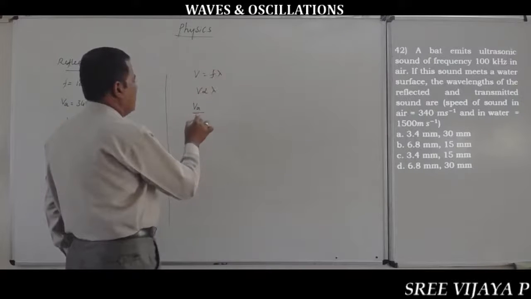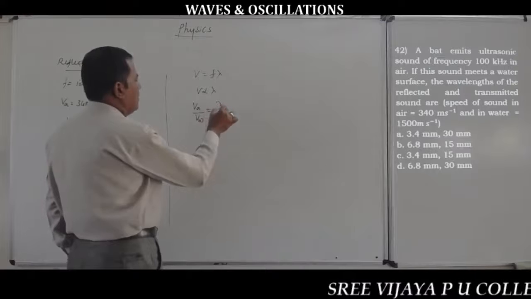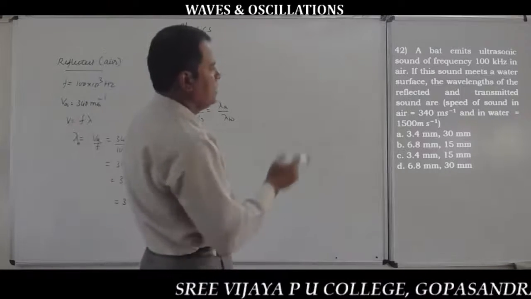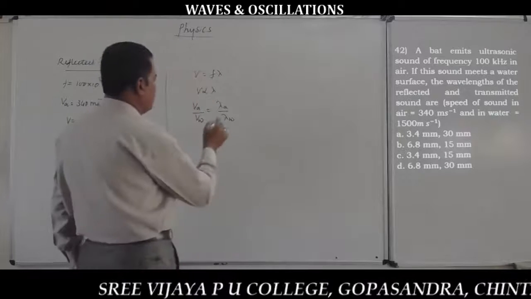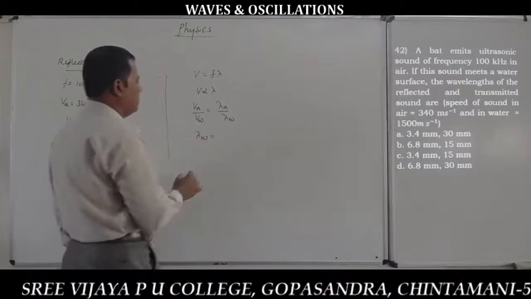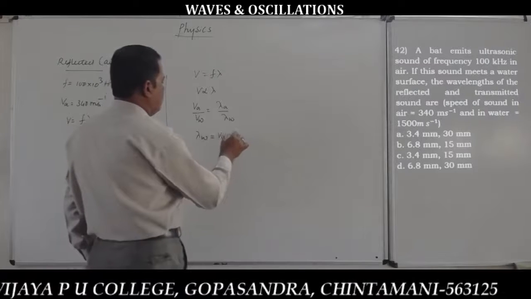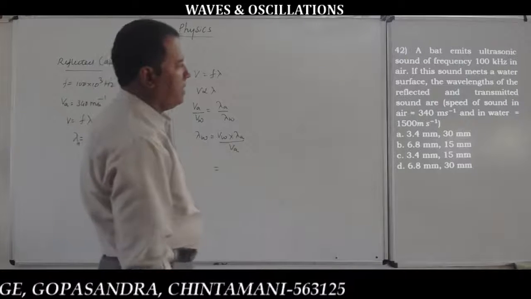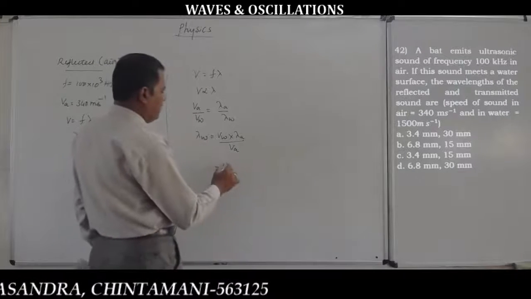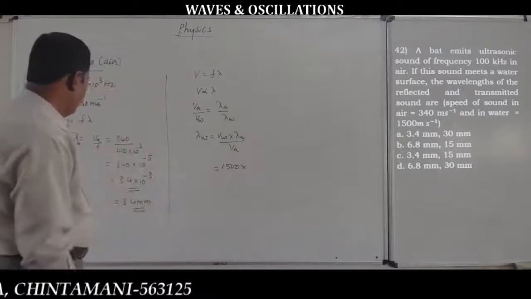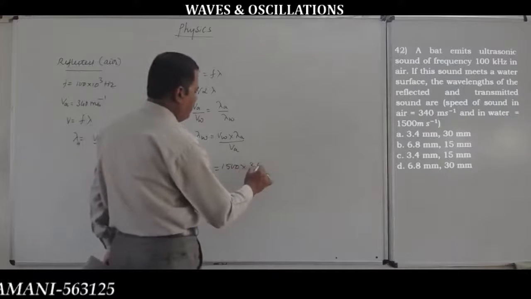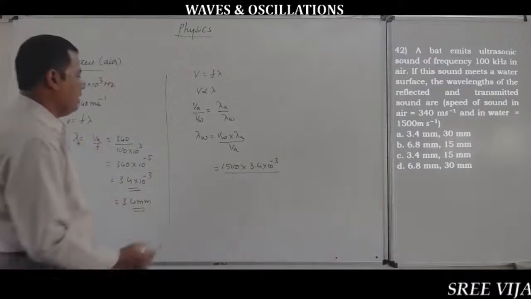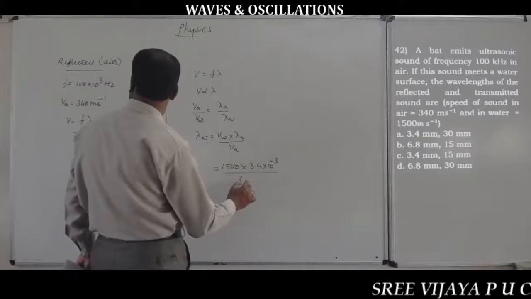VA by VW, that is in water medium, equals lambda A by lambda W. So now we are supposed to find the wavelength of transmitted, that is lambda W, the wavelength in water, equal to VW into lambda A by VA. So now the speed in water is known as 1500, wavelength in air 3.4 into 10 power minus 3, by VA 340.